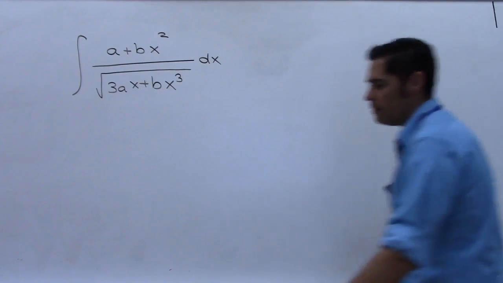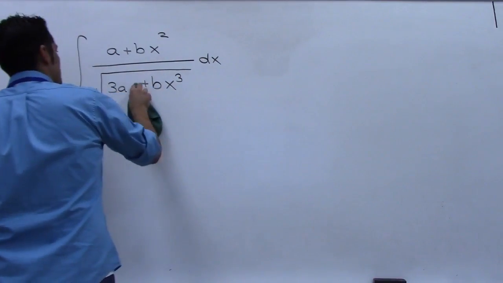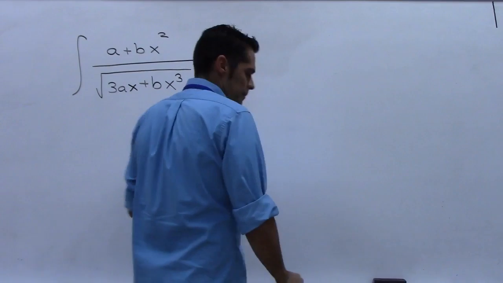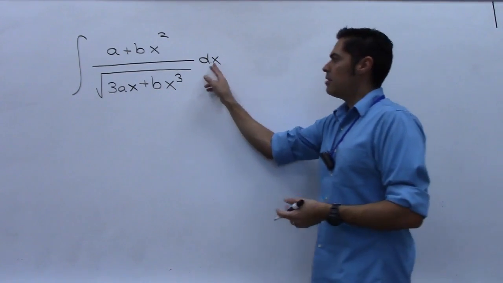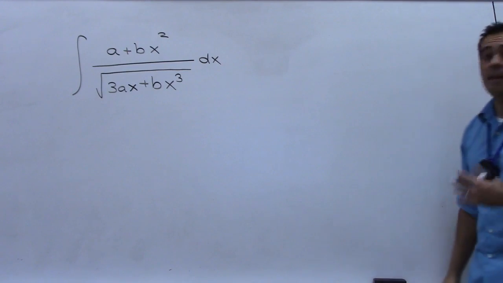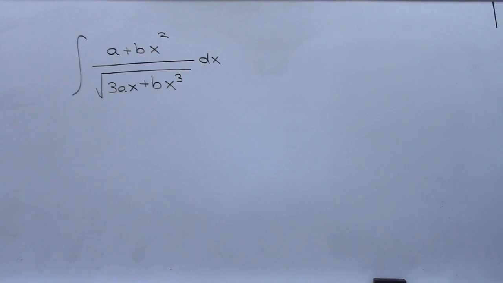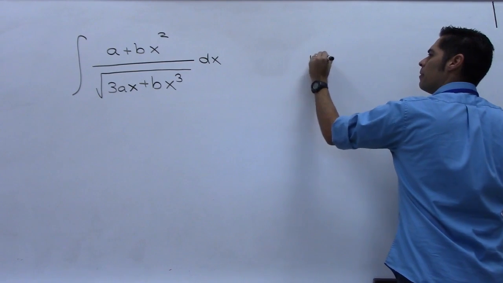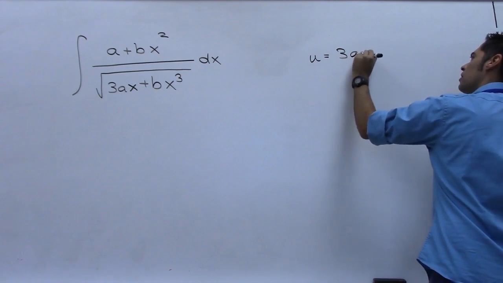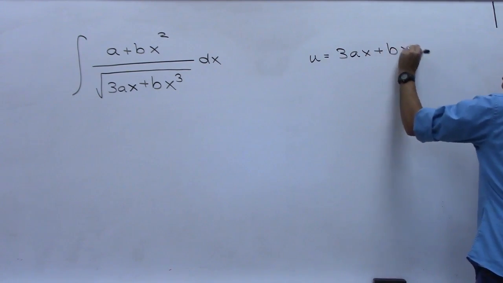Okay, so what is the variable in the problem? X, because dx indicates the variable. Now, a and b we're going to assume to be constants. Right? Just any number, but it's fixed and we don't know what it is. So 3ax plus bx cubed.